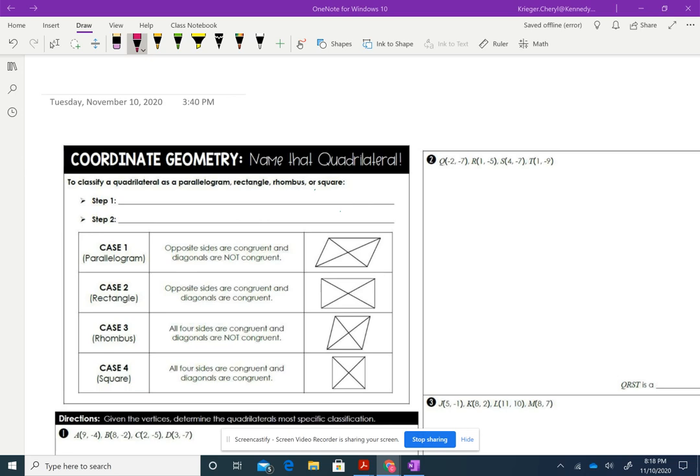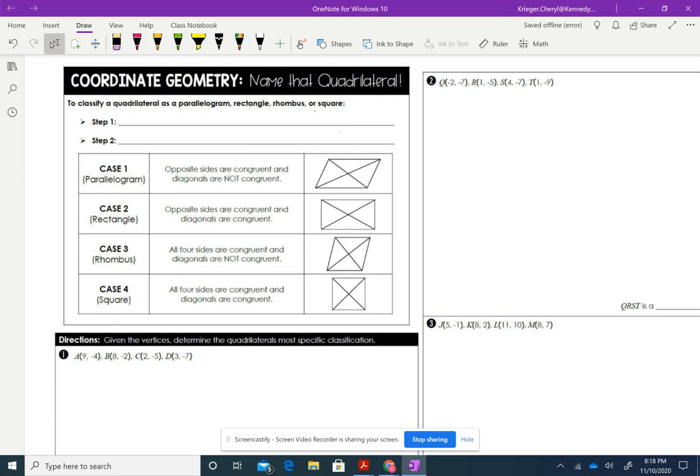We are classifying quadrilaterals on the coordinate plane, right? So if we don't have a piece of graph paper or a coordinate plane available, we can do that using the distance formula and properties of quadrilaterals. So we know that rectangles and parallelograms have two sets of congruent side lengths, and rhombi and squares have all four sides that are congruent.